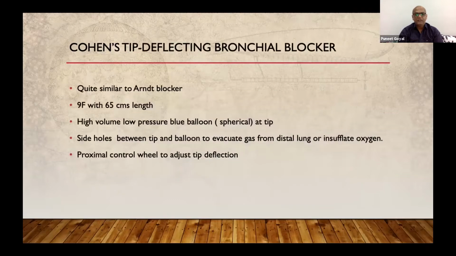Then the second bronchial blocker is the Cohen tip deflecting bronchial blocker, which is similar to Arndt. It comes in a 9 French size and 65 centimeters length. It has a high volume and low pressure cuff. Side holes are there between the tip and the balloon to evacuate the gas. And there is a proximal control wheel to adjust the tip deflection.